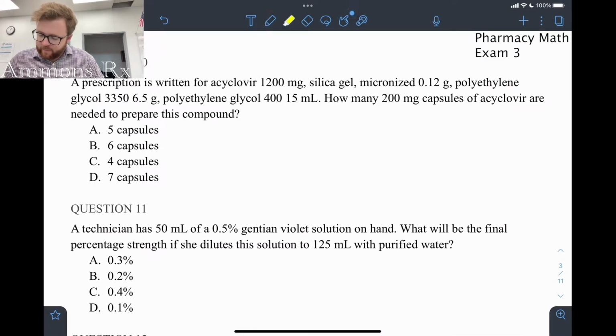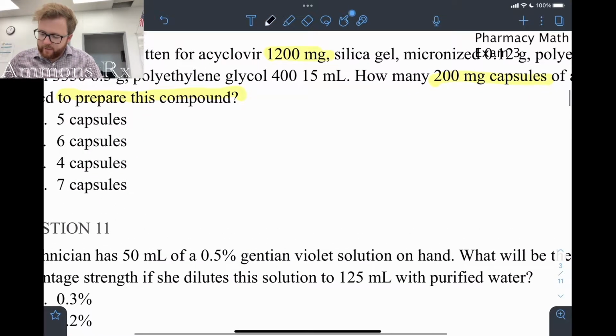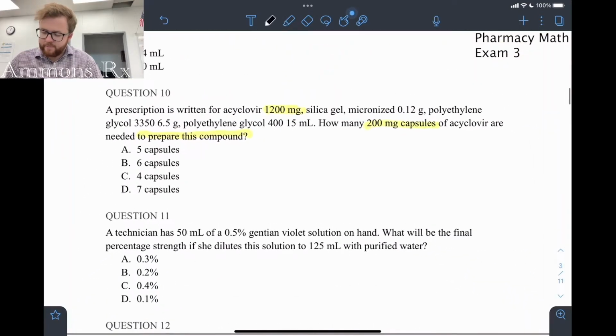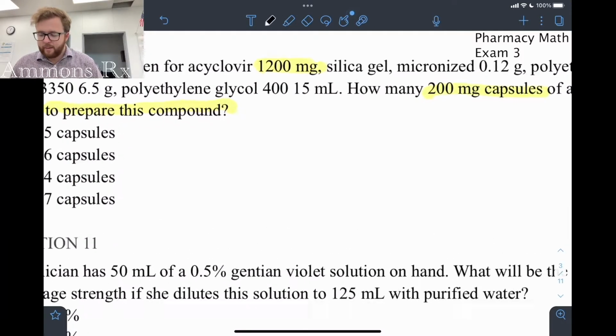A prescription is written for acyclovir, 1,200 milligrams, micronized 0.12 gram, and so on. How many 200 milligram capsules are needed to prepare this compound? So there's a lot of words, but basically it's saying there's going to be 1,200 milligrams of acyclovir in this compound. If you have 200 milligram capsules, how many do you need?